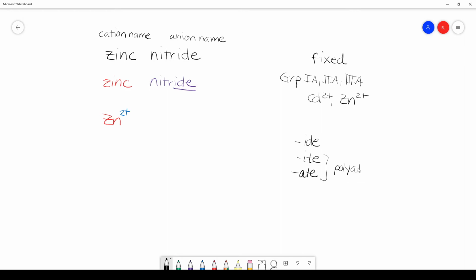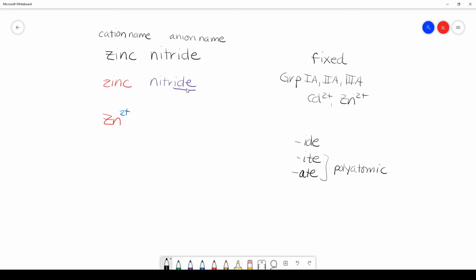And your polyatomic ions are on your list from a long time ago, and there are some quizzes attached to learning the polyatomic ions and their charges. But the ITEs, ITE, and ATEs, ATE, those endings for the anions are polyatomic.